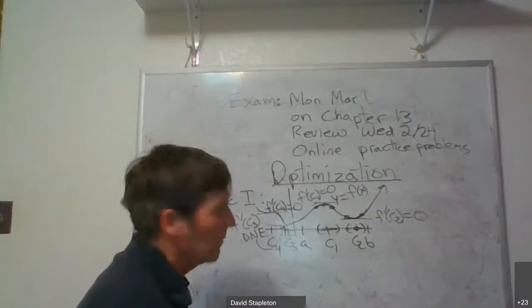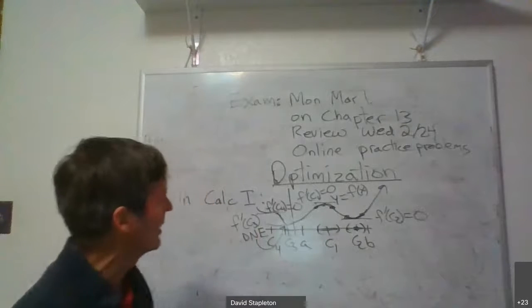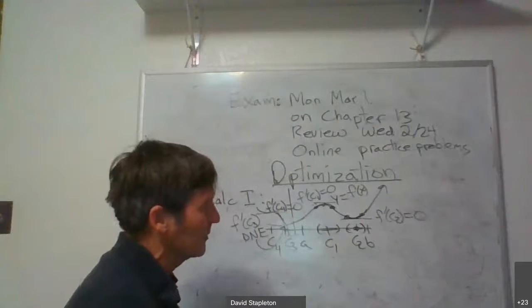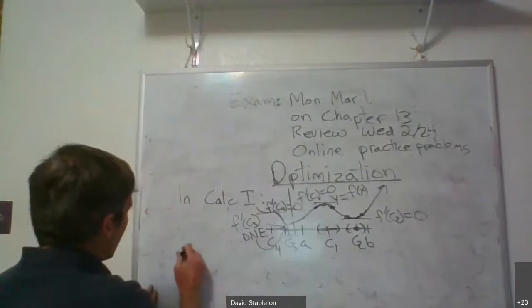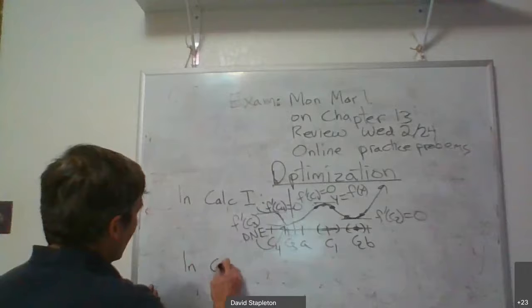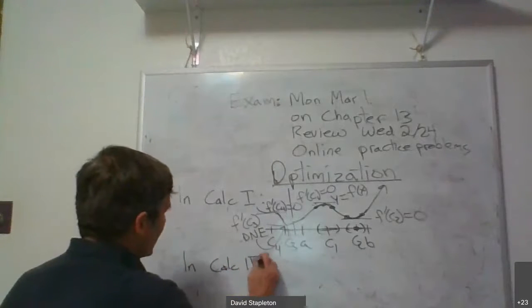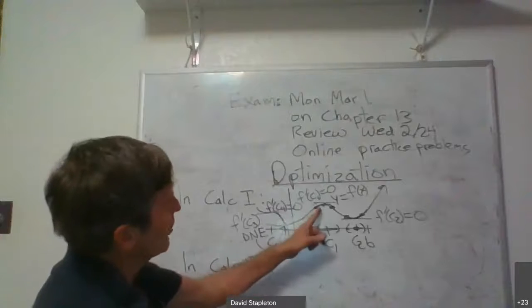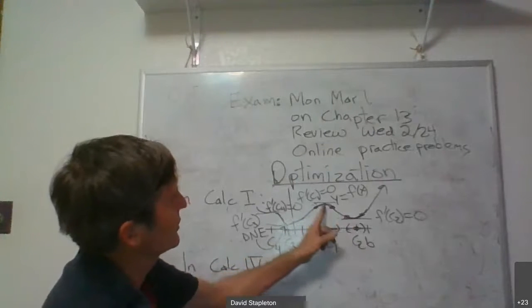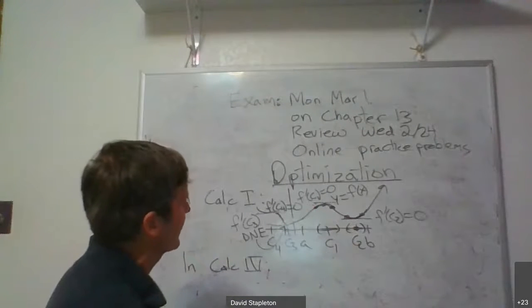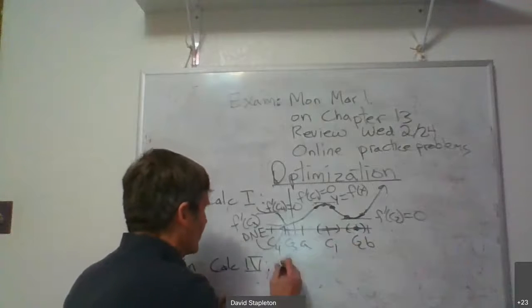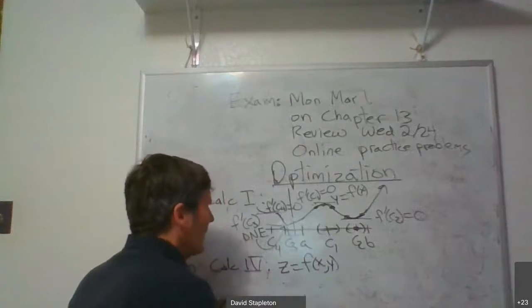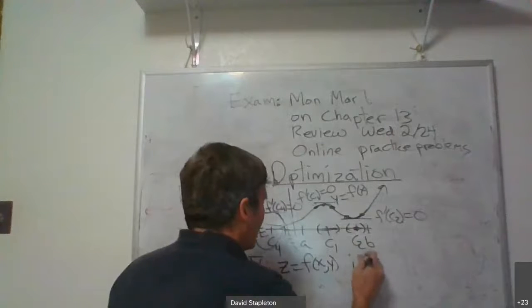That was calculus 1. Now, what are we going to do for functions of more than one variable? Really, we just want to look at functions of two variables because after that, we have to draw them in four-dimensional space or higher, and it's too hard, but the concept still carries through. Right? So in calculus 4, we'll instead say the following. Remember, a critical point here was where the first derivative was 0 or does not exist. What shall we do for a critical point for a function of two variables, z equals f of x, y?